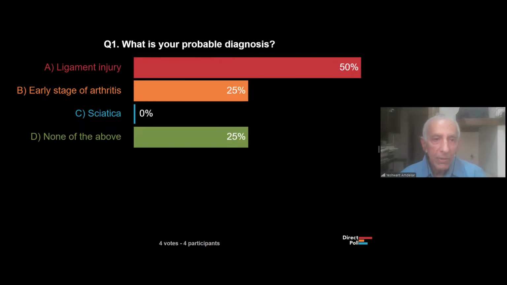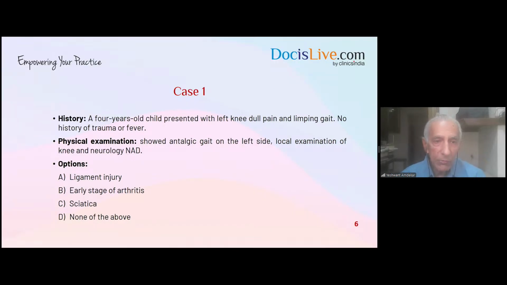Well, it's fairly equally divided, but the majority of you felt it was a ligamental injury, and nobody feels it's sciatica. So that's a good thing. Everybody thought it was an inflammatory swelling, inflammatory pain, and therefore neurological pain is ruled out. Sciatica pain typically would be a shooting pain.